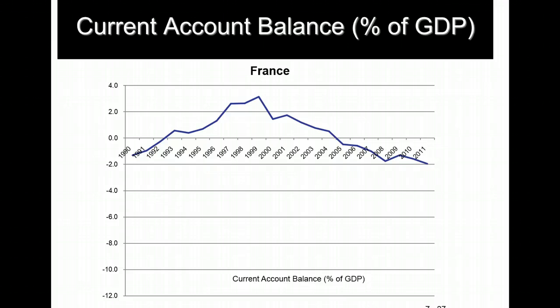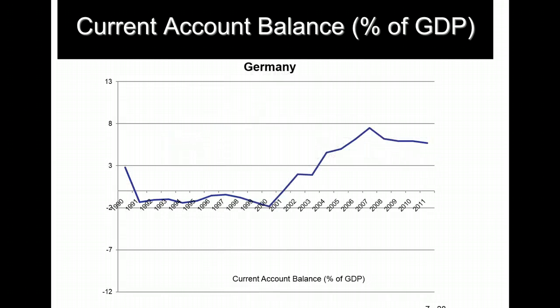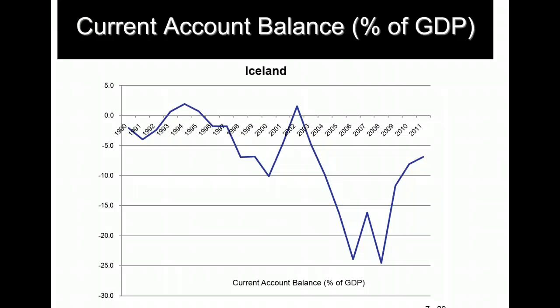You can see France ran a rather large trade surplus at one point. Well, not large, it's still under 5%, but it has gone into trade deficit territory in the last 5 or 6 years. Germany has been racking up an impressive trade surplus, most of it with other European countries, by the way.